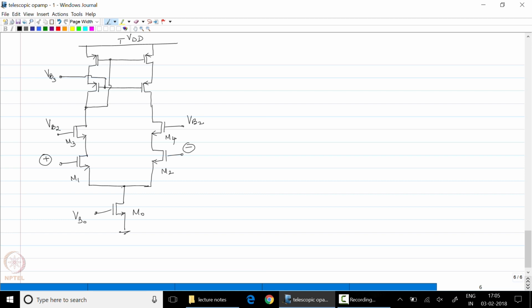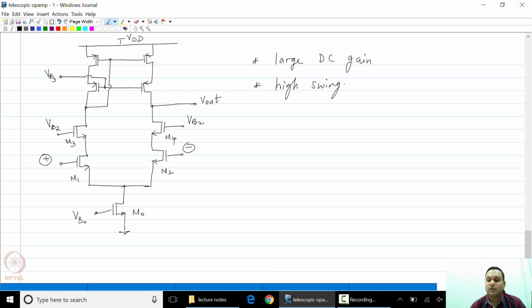Call this VB3, and now we have an op-amp that could potentially have large DC gain and proportionally high swing, because we have used a high swing cascode.